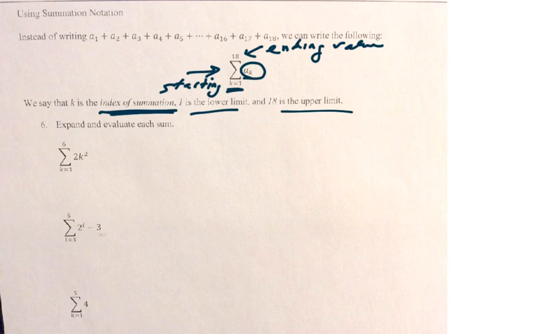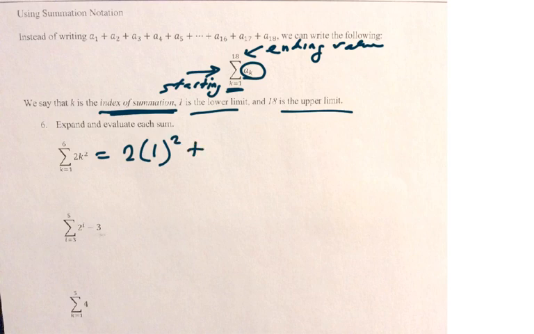So we can expand and evaluate each sum. So this one here, we have the sum of 2k to the second, where k starts at 1 and ends at 6. So what that means is we're going to take 2 times 1 to the second. That's my first term in the sum.